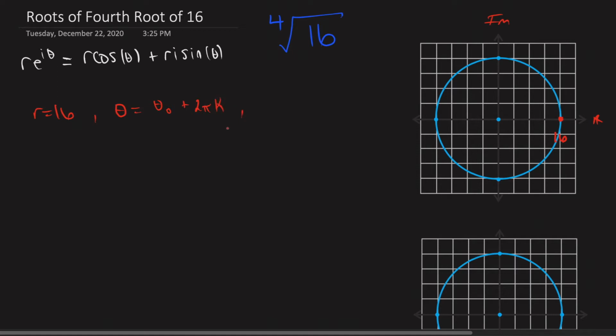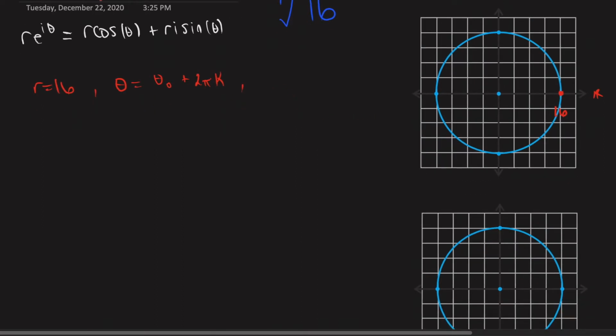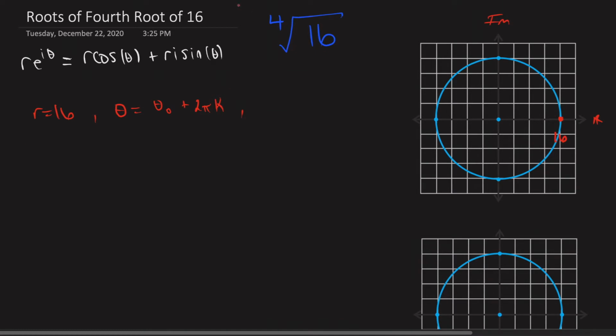And we see right now that this is going to be a constant, and this is going to vary. And we should get 4 values. That's an indicator that this k value is important. So now if we take the fourth power of this expression, we can set it equal to this, and let's relate that back. So let's do that first.